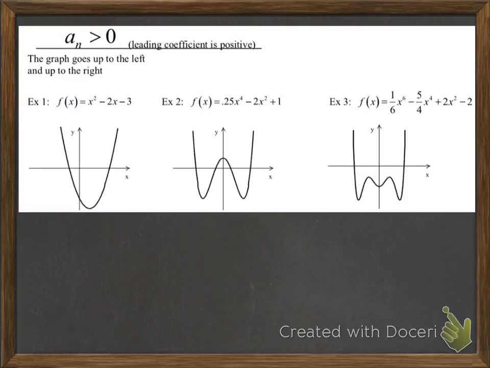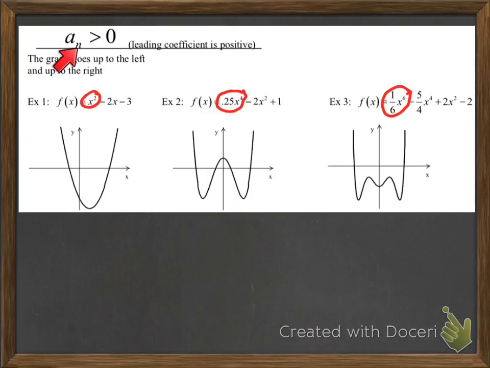Now on this one, all of these exponents are even exponents. As we mentioned before, if the leading term has an exponent that is an even number, then you are going to either be going up on both sides or down on both sides.